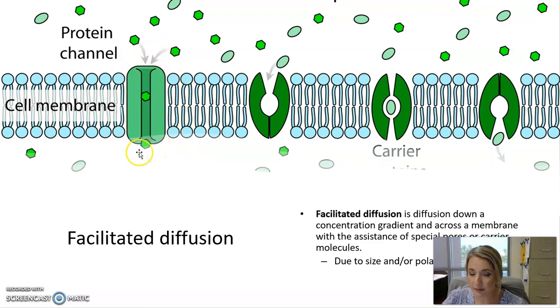So for those types of molecules, they're still able to move from high to low, and this does not require any type of energy. The only difference between regular diffusion and facilitated diffusion is that facilitated diffusion incorporates the assistance of some type of protein carrier to help carry those larger molecules or charged molecules into the cell at this point.